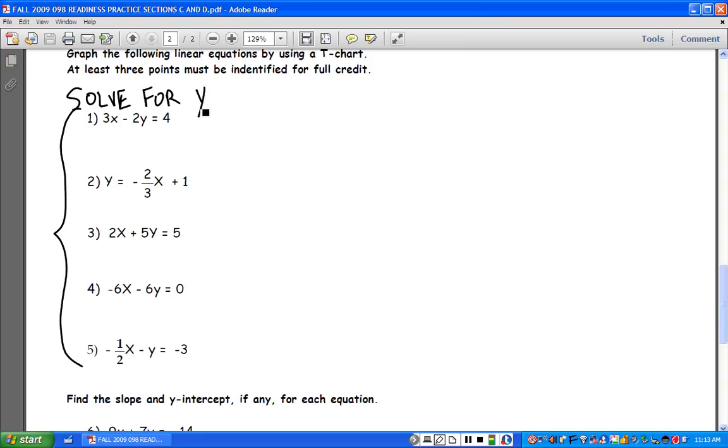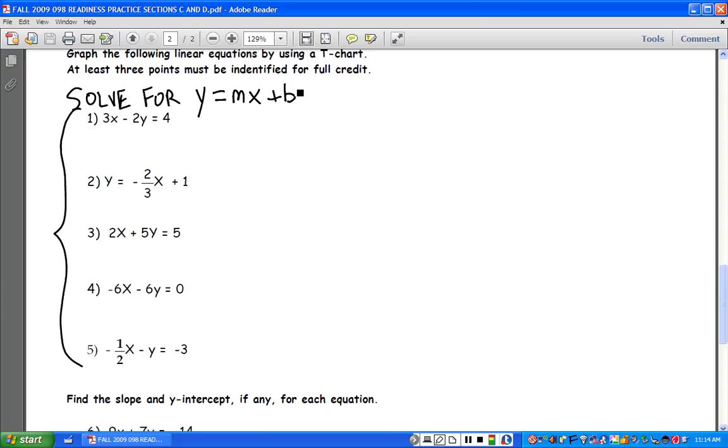That's the key. In particular, you want to solve for y such that y is isolated, and then any x term you may have is written before any constant term that you have. So y equals mx plus b is the format that we're really going for, for all 5 of these problems.